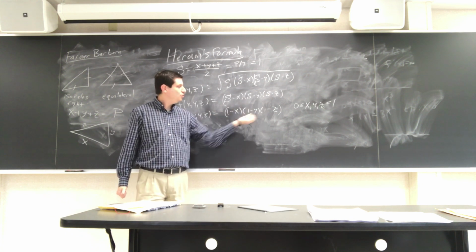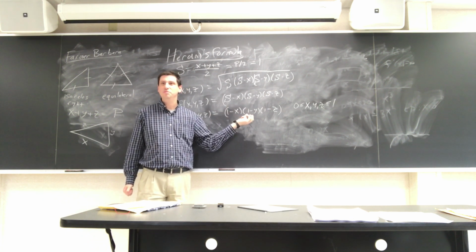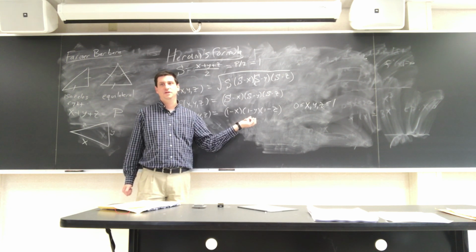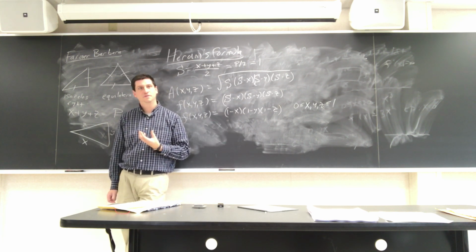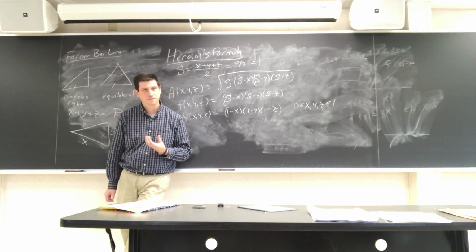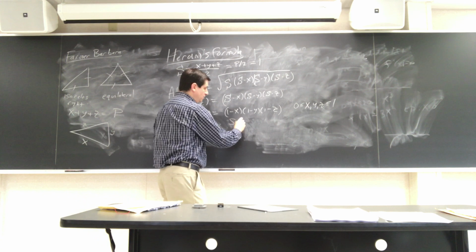When you look at how this depends on x, y, and z, what word comes to mind to describe this dependence? How does it look relative to x, y, and z? So I would say it looks very symmetric.